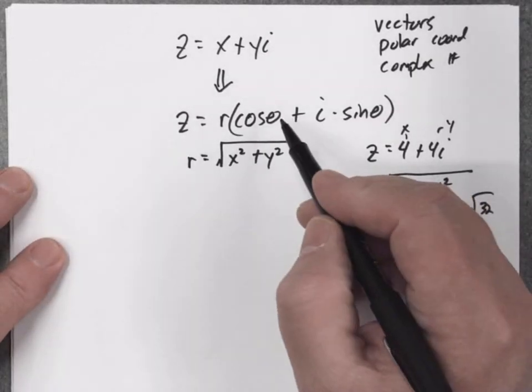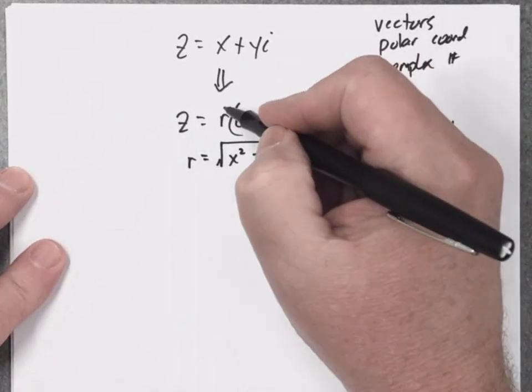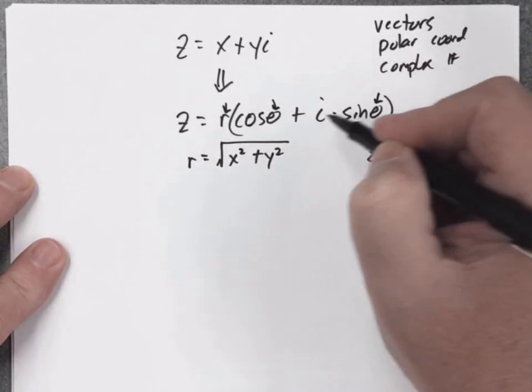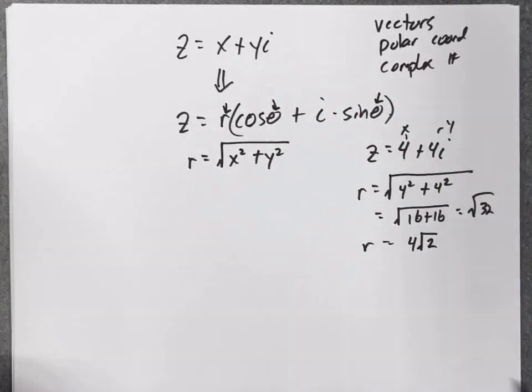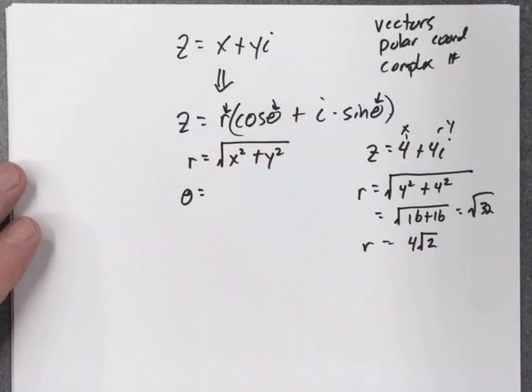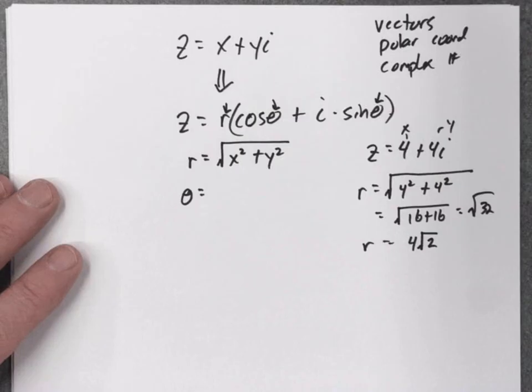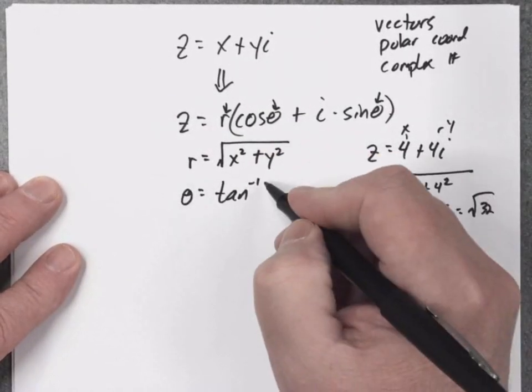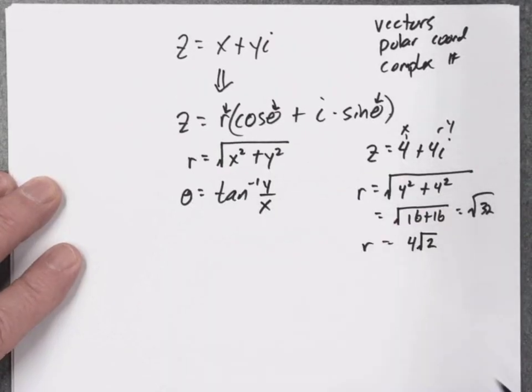But now, for the trigonometric form, we need to know R and we need to know theta. Theta is used twice. And no big surprise here, if you go back and look at your notes for both vectors and polar coordinates, theta is going to be the inverse tangent of y over x.